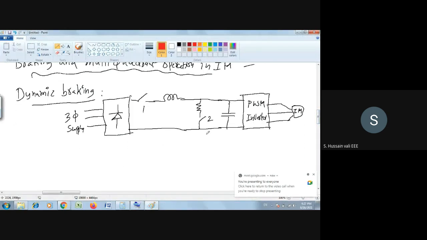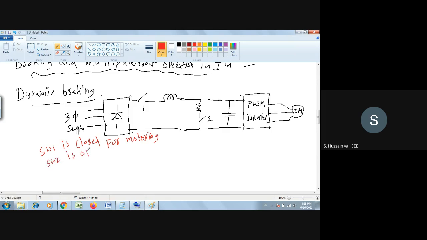Whenever, for example, it is operating as a motor, for motoring switch one is closed and switch two is open.